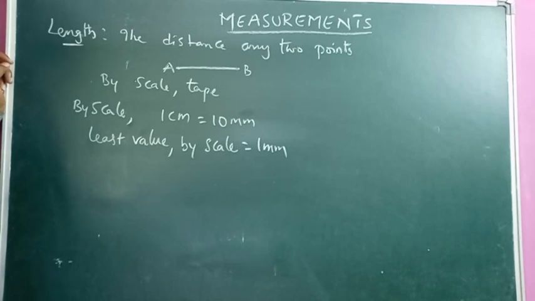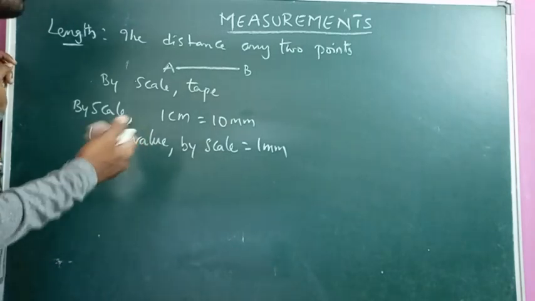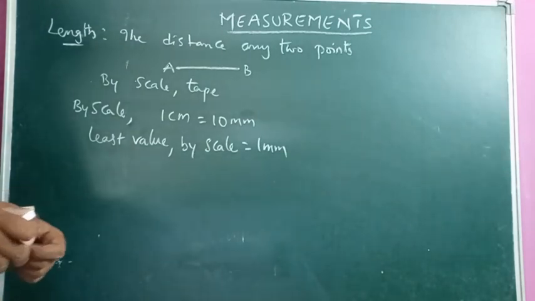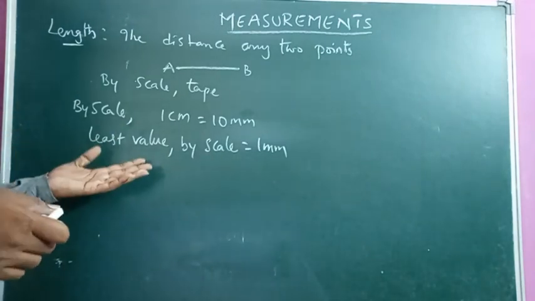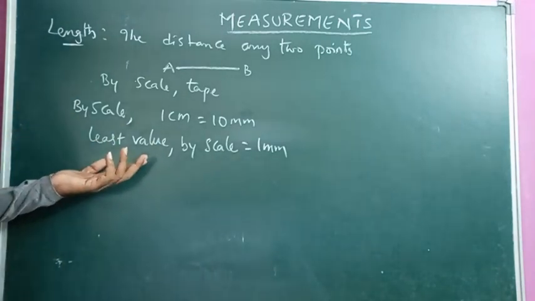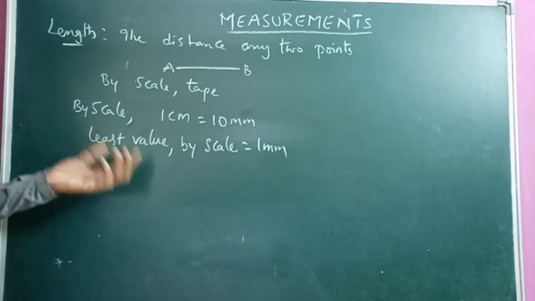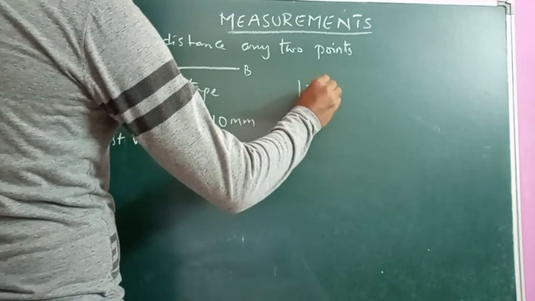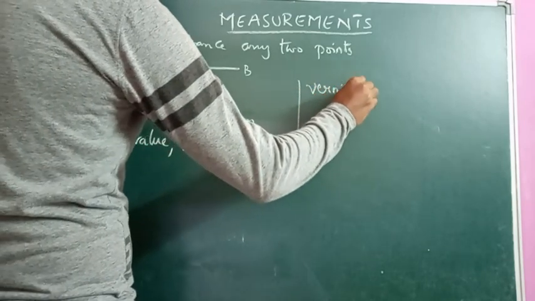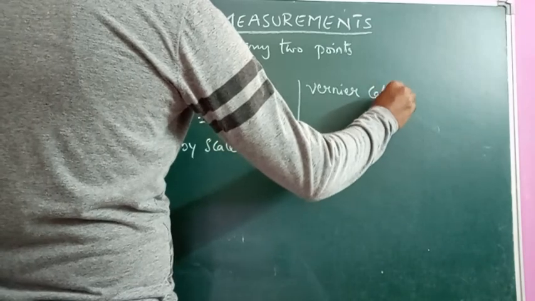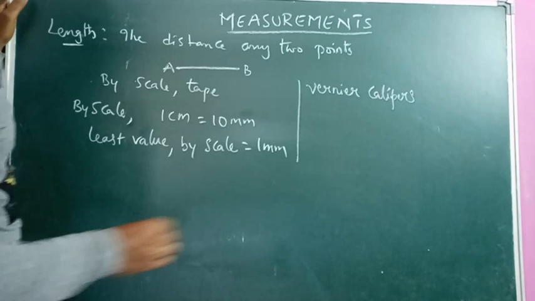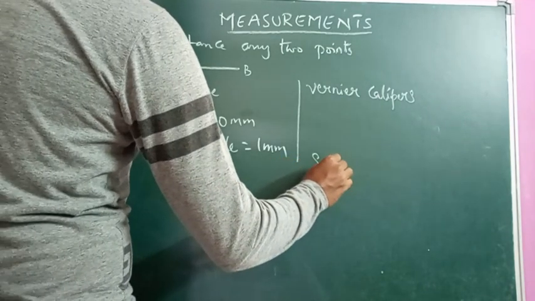But if we want to measure the thickness of a paper, the thickness of a coin, or the thickness of a hair, the meter scale is not enough. So in order to measure very small values, scientists invented the vernier calipers, and another one is the screw gauge.